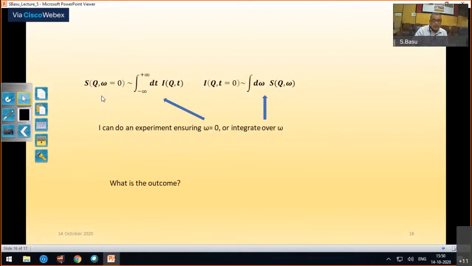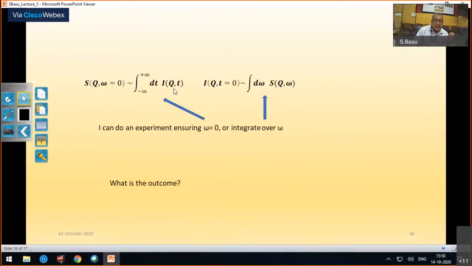So now if I write S of q, omega equal to 0, S of q, no energy transfer. This is nothing but time, because e to the power i omega t for omega equal to 0 has vanished. So this is integral dt I of q,t.